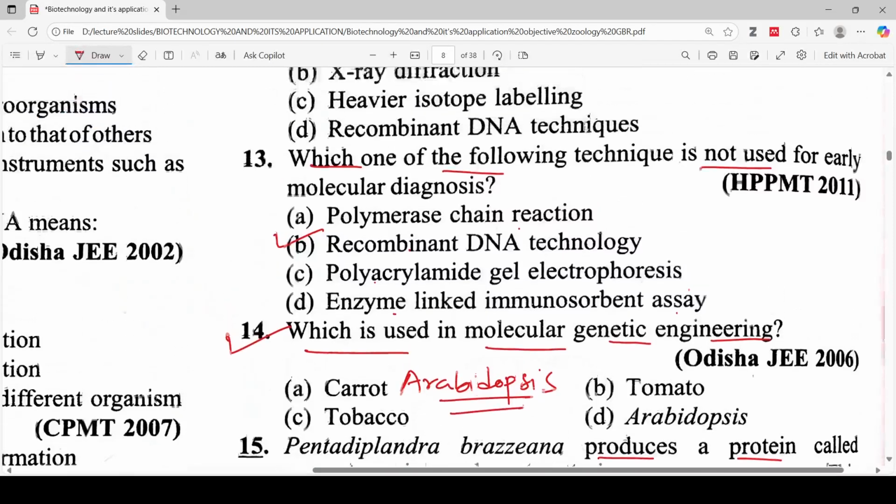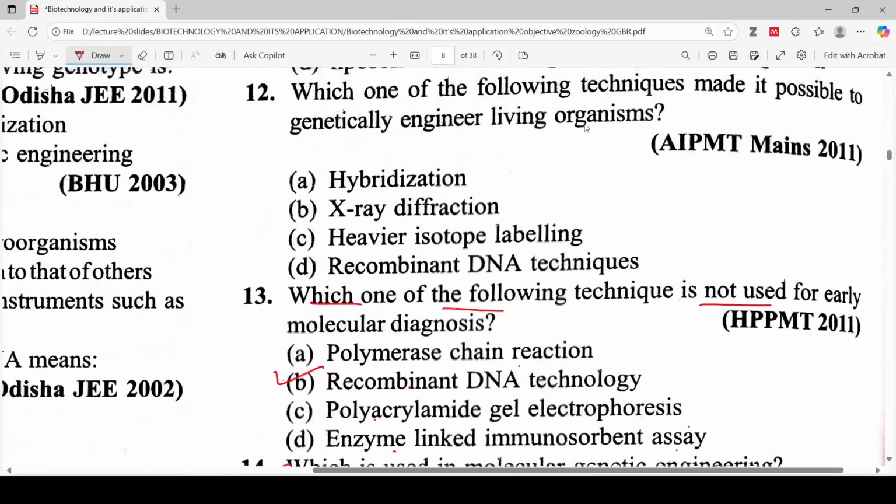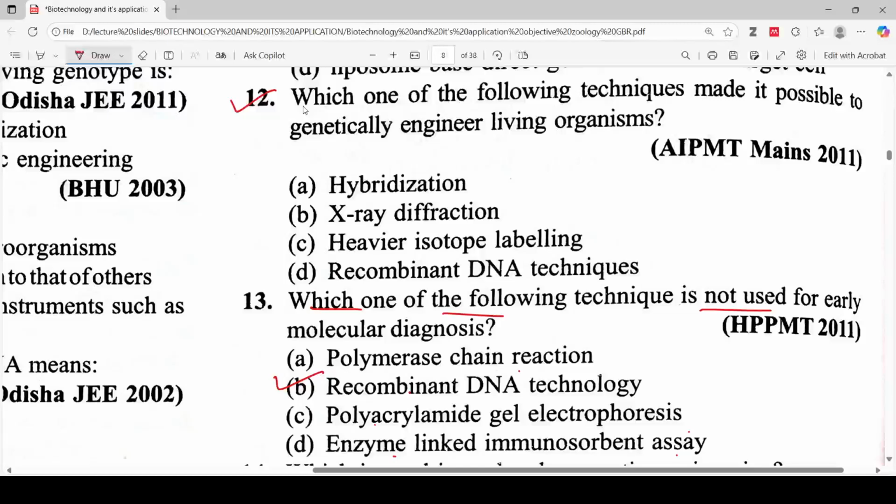Okay, next question. Which one of the following techniques made it possible to genetically engineer living organisms? Hybridization, X-ray diffraction, heavier isotopes labeling, and recombinant DNA technology will be the correct answer.